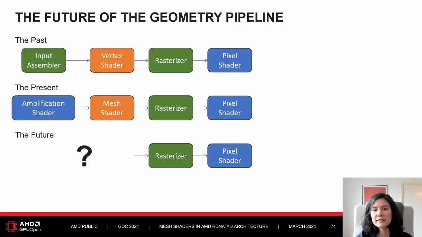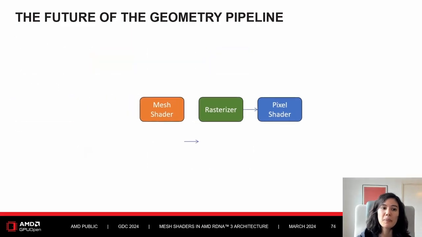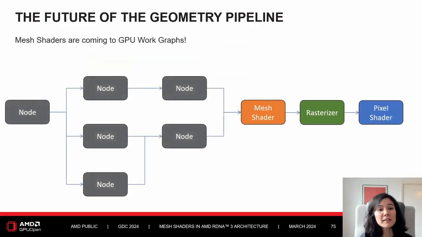Now, let's have a brief look into the future of the geometry pipeline. In the past, we had the vertex shader pipeline. It has been around for many years now. Today, we also have the mesh shader pipeline. And recently, it gained a lot of attraction actually. But what will we have in the future? And you actually might have already heard of it. Because mesh shaders are coming to GPU work graphs.